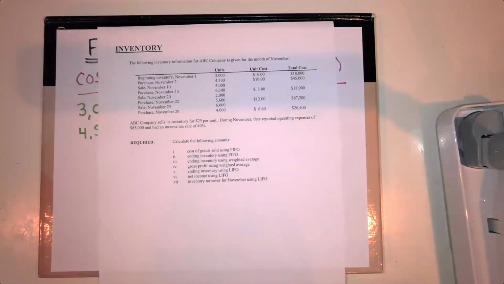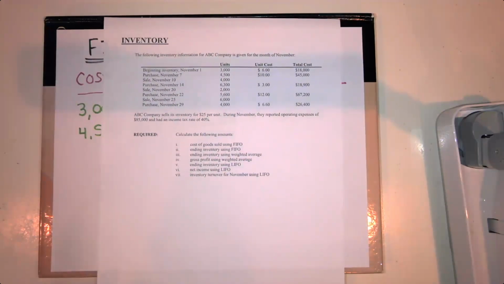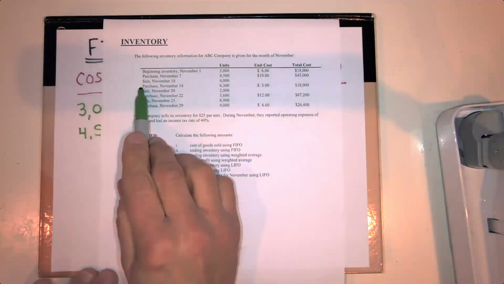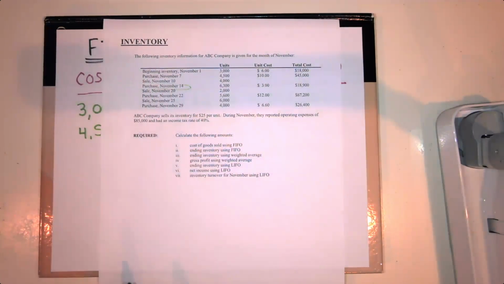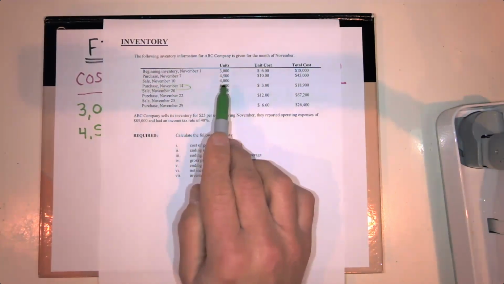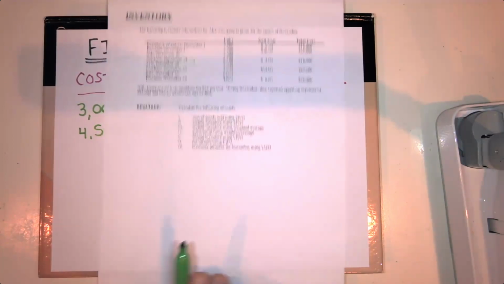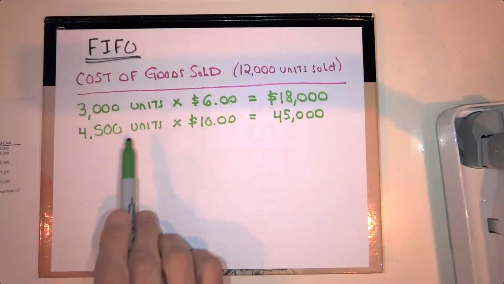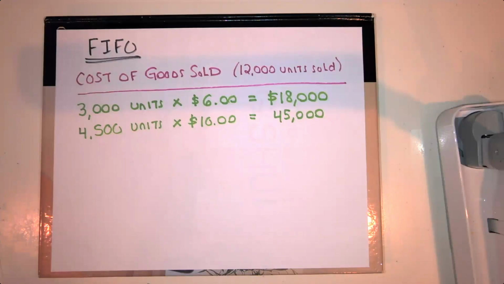So we go to our next oldest inventory purchase, that on November 14th. Now, on that day, we bought 6,300 units, but I don't want all 6,300 over here because that would take me above 12,000. I got to have 12,000.